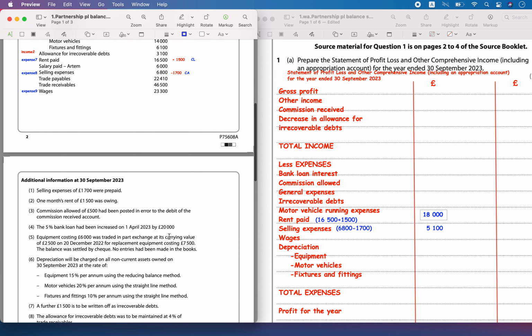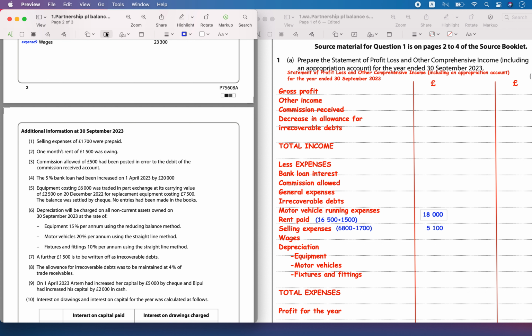Commission received, you should remember, is an income account, and anything you want to add to income, you are supposed to enter on the credit side.